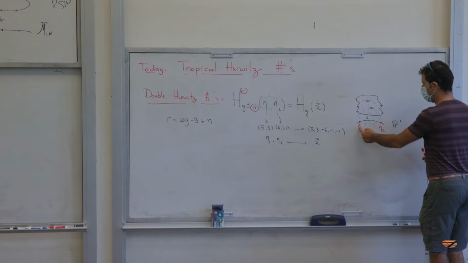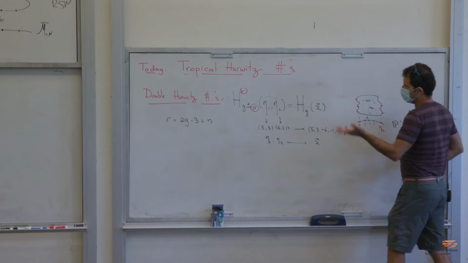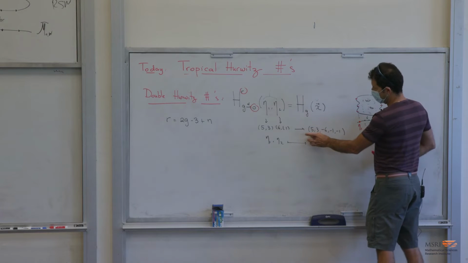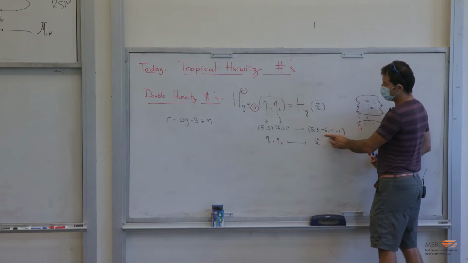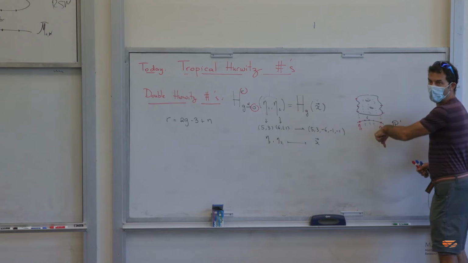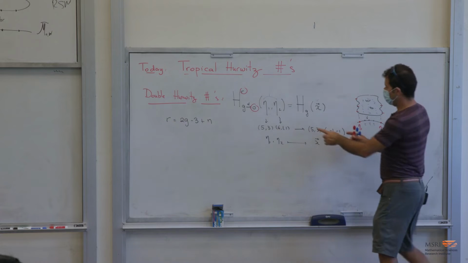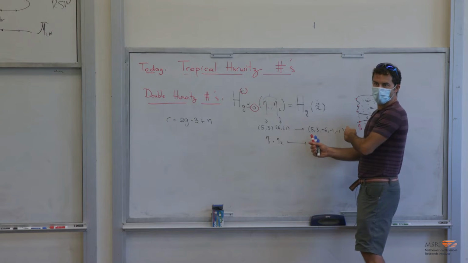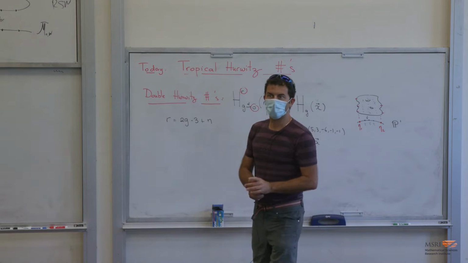If I'm choosing eta 1 to be the point 0 and eta 2 to be infinity, then by convention I'll have eta 1 be positive and eta 2 be negative, so that really I can think of this as the divisor of the rational function corresponding to this cover. Of course, if you flip all the signs and you ask what the Hurwitz number is, it's going to be the same Hurwitz number. So there is this kind of invariance.